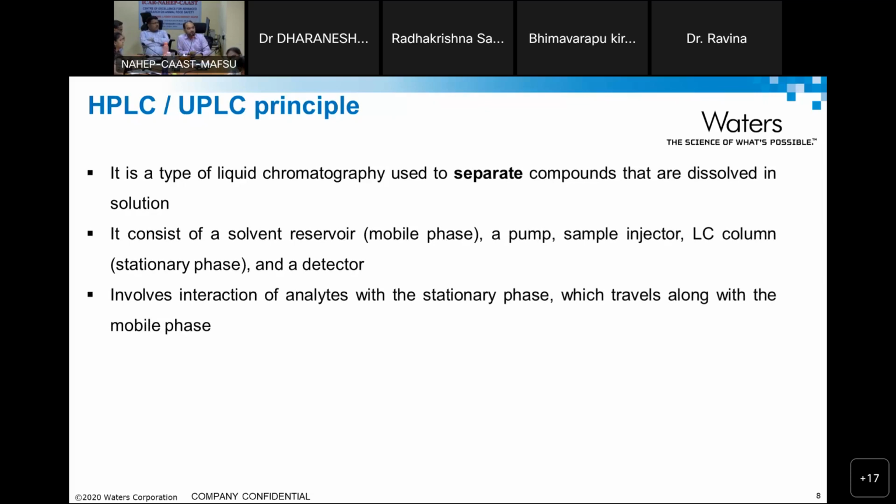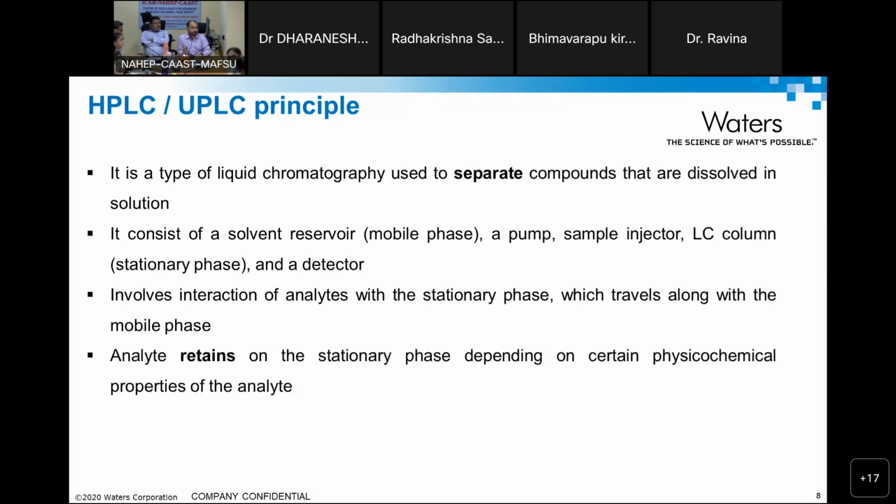Chromatography involves interaction of analytes with the stationary phase, which travels along with the mobile phase. The analytes traveling through the stationary phase are retained on it depending on certain physicochemical properties of the analytes.